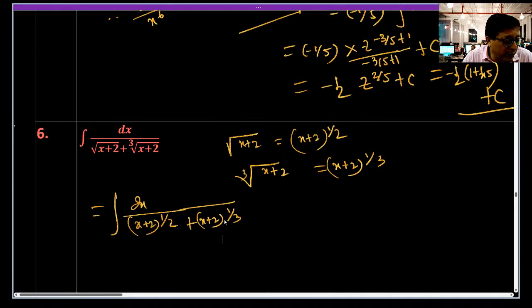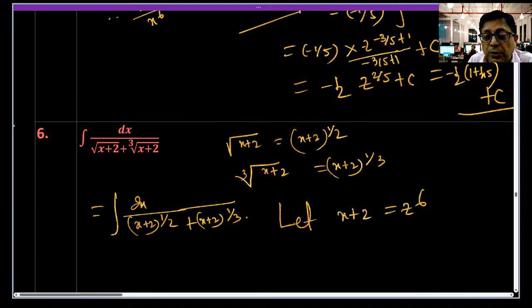We have to remove both square root and cube root from there, isn't it? This can be removed simultaneously if we make a substitution: x plus 2 equal to z to the power 6.